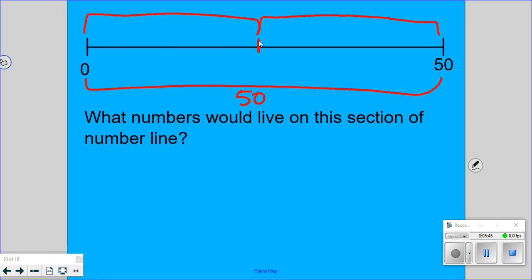Evelyn, what do you think? 25. The trick that I use is money. 50 cents. You're right. How do I make 50 cents? With two quarters, which are worth 25 each. That's my trick to remember that.